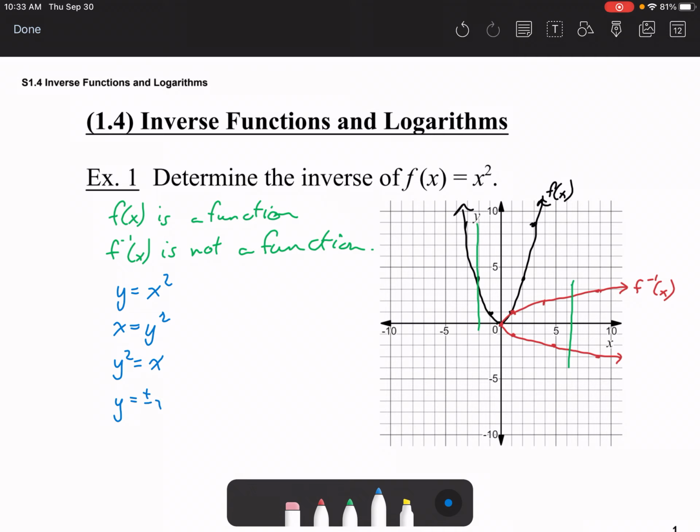If I square root both sides, I have to account for positive and negative. So that means f inverse of x is actually made up of two functions, positive square root x and negative square root x. So you can see that one is a function and one's not. The inverse is not a function.